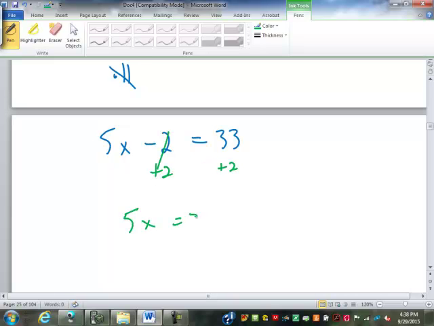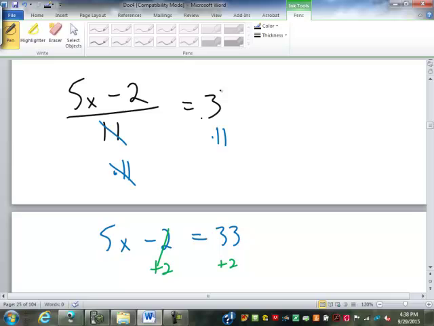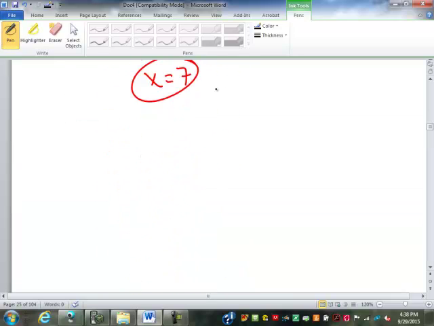So 5x equals 35, and then divide by 5. X equals 7. Find it? Okay. One for you guys to try.